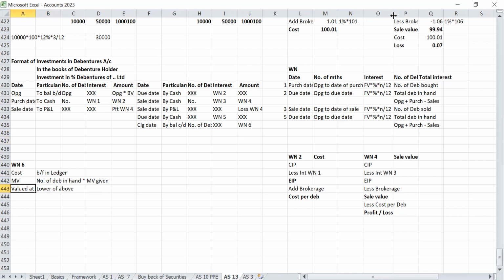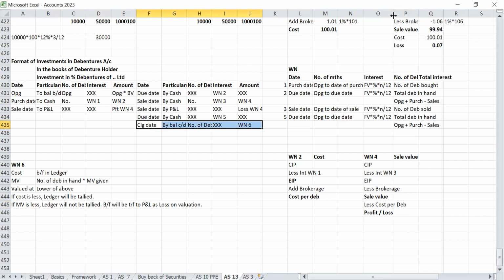If cost is less, ledger will be tallied. If market value is less, ledger will not be tallied. Balancing figure will be transferred to P&L as loss on valuation, like that. So by P&L we have to transfer.